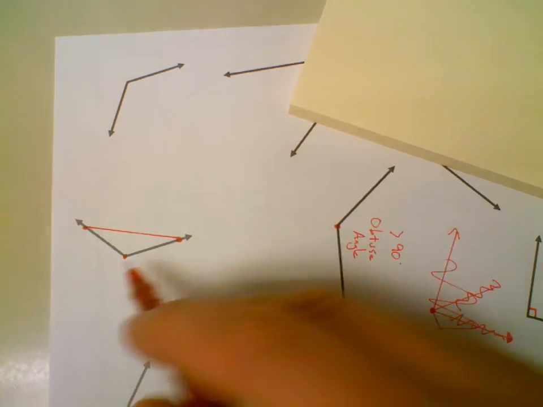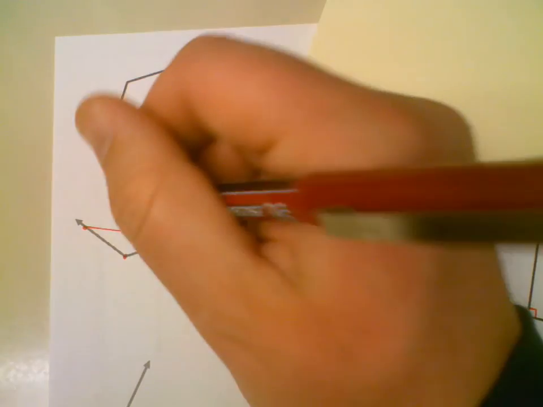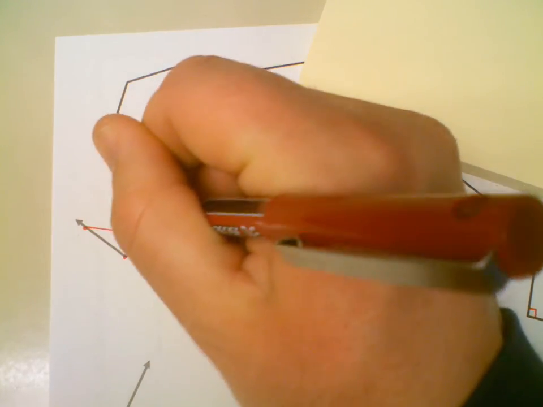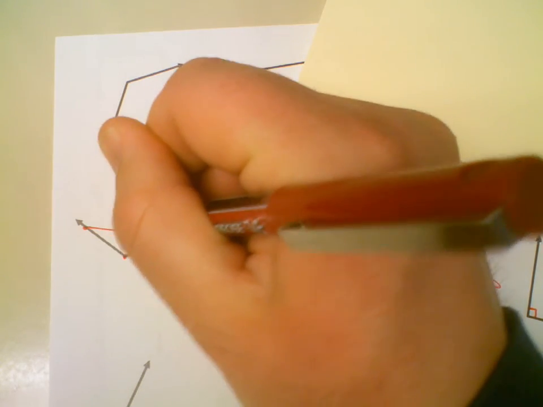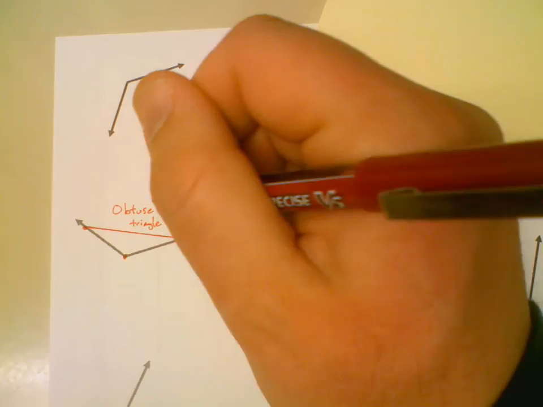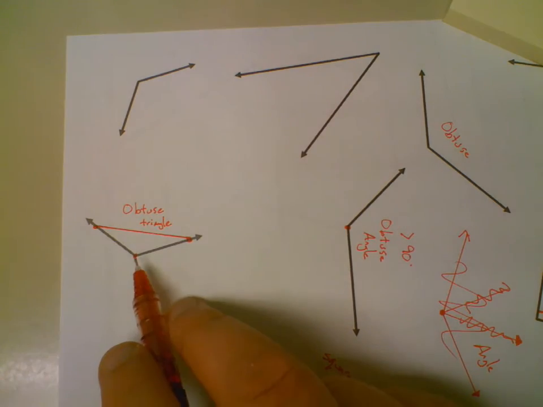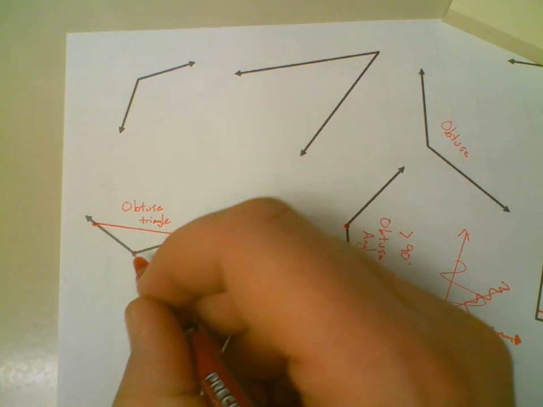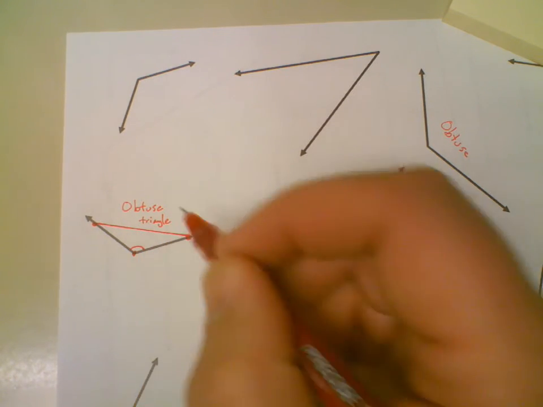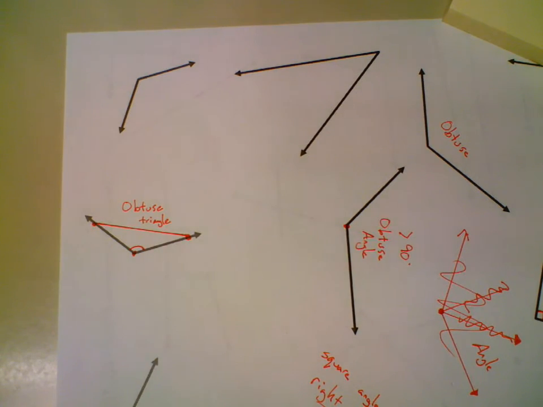This angle right here is obtuse. I made an obtuse triangle. And when you have an obtuse triangle, you just need one angle that's greater than 90 degrees. And it's going to be obtuse, okay?